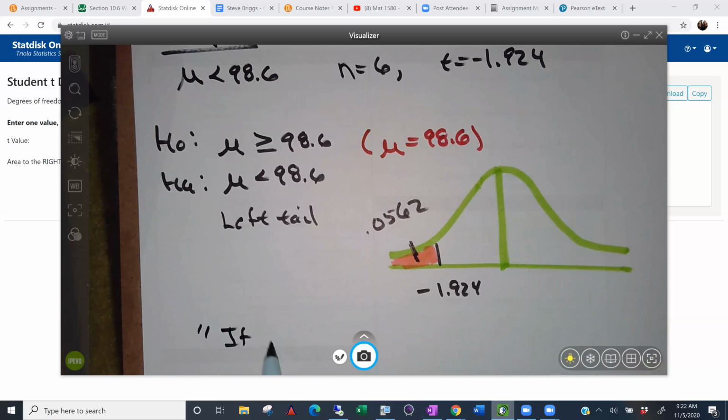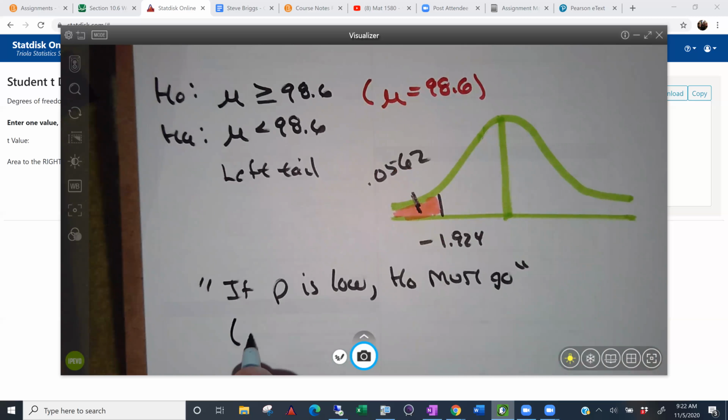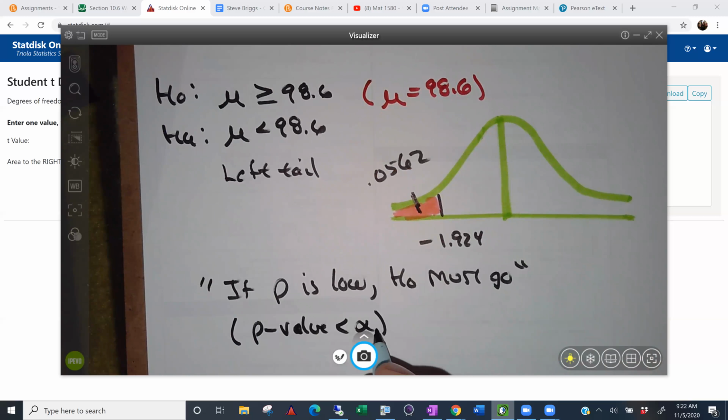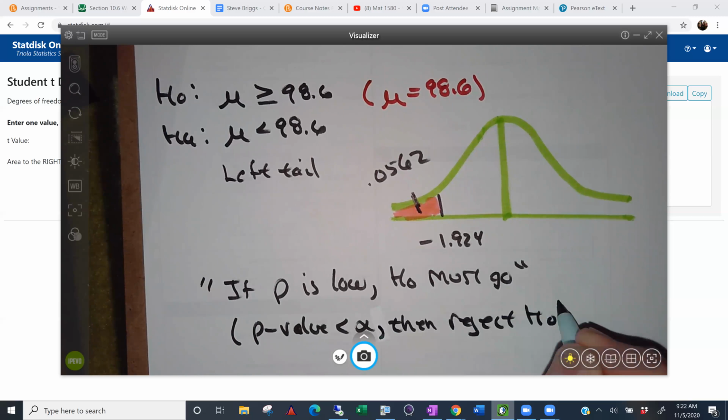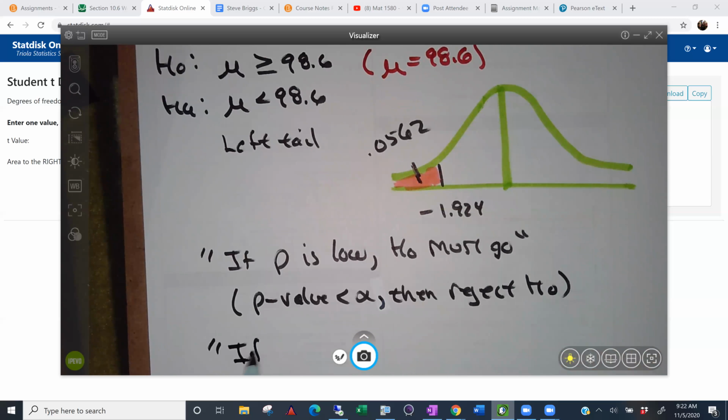If p is low, can anyone finish that? H0 must go. Basically what that means is if your p-value is less than alpha, then you want to reject the null hypothesis. Reject H0. What was the other one? If p is high, H0 must fly.